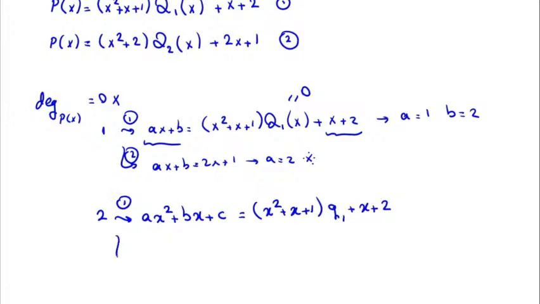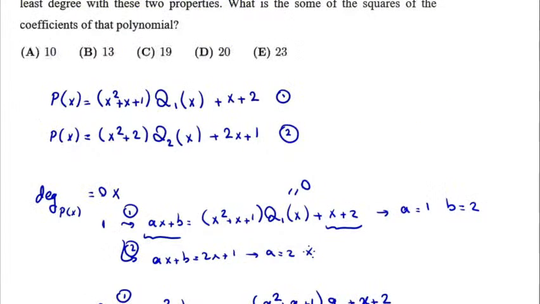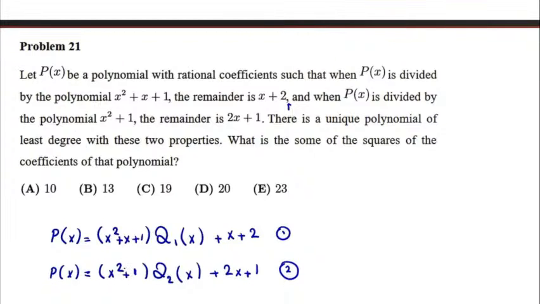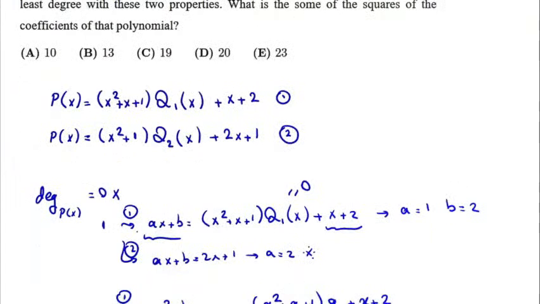That was the first one, and by the second one, ax squared plus bx plus c equal to x squared plus 2. The problem says x squared plus 1 is divided by x squared plus 1. Why have I written x squared plus 2? Okay, let's check again the first part. We've reached a contradiction.